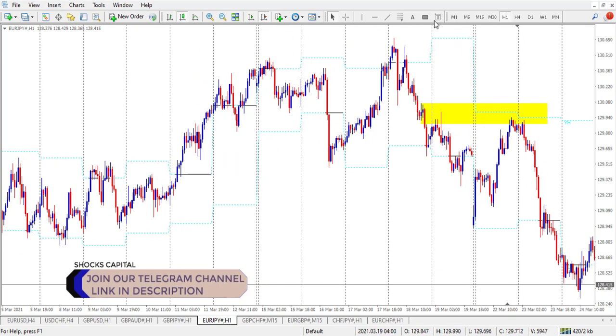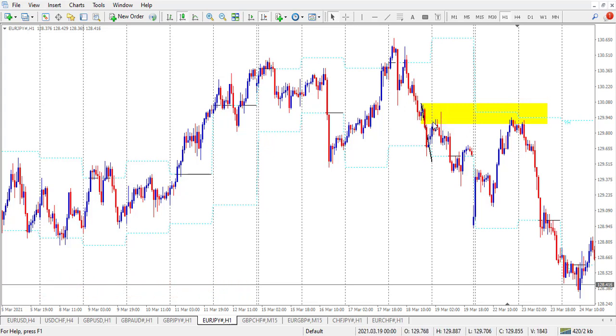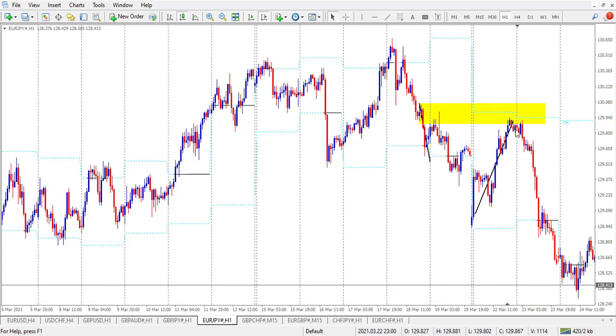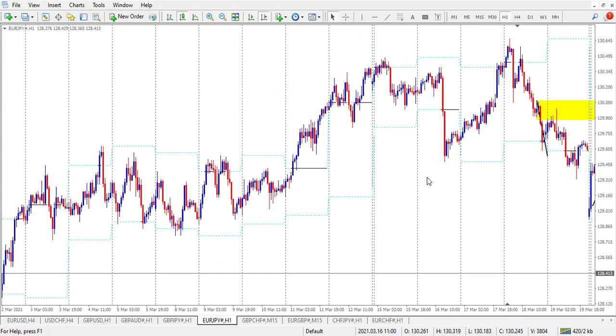So you need to see aggressive moves from these pauses. If you see an aggressive move coming out of a consolidation like this, you know a decision has been made in this consolidation, and you are waiting for price to make a retracement to that zone. Then you sell or buy depending on the direction you are going with your price.